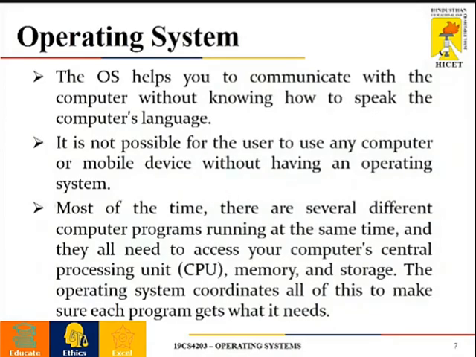So the explanation is given in this particular slide, whatever we have discussed in the previous diagrammatical representation. So the OS helps you to communicate with the computer without knowing how to speak the computer's language.